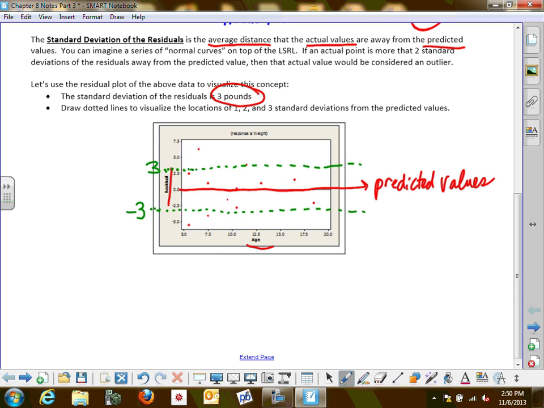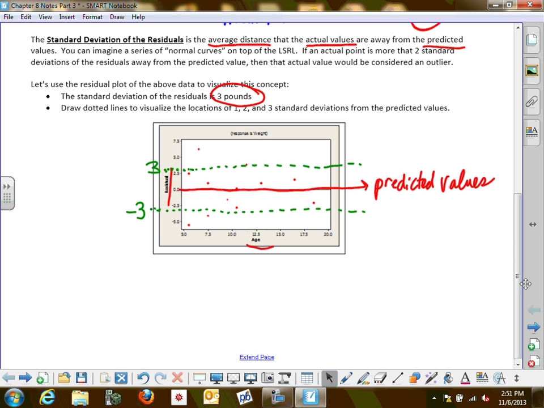So these are the data points that are within 1 standard deviation of what was predicted. So they're good. They're reasonably placed around the predicted line.